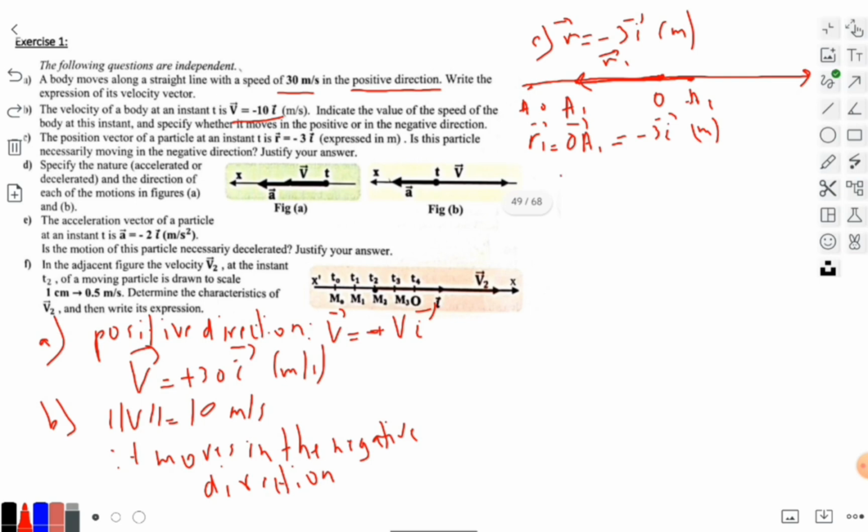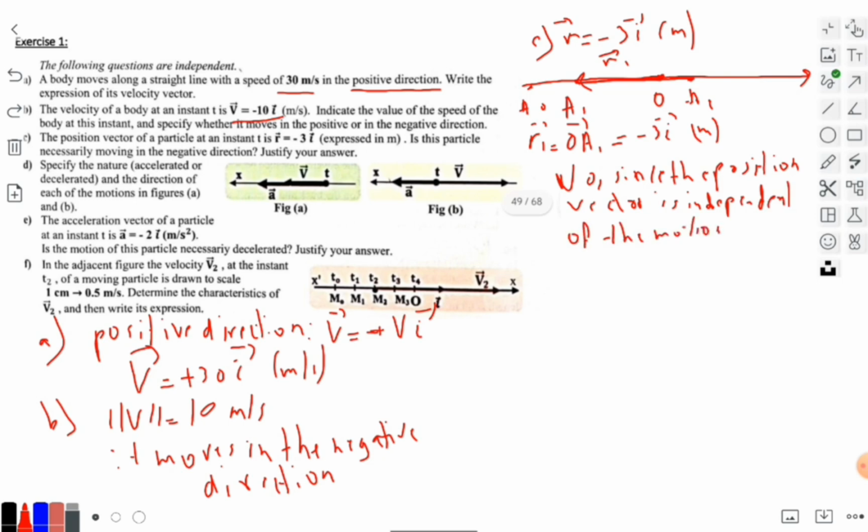So no, since the position vector is independent of the motion of the body. This is so important.